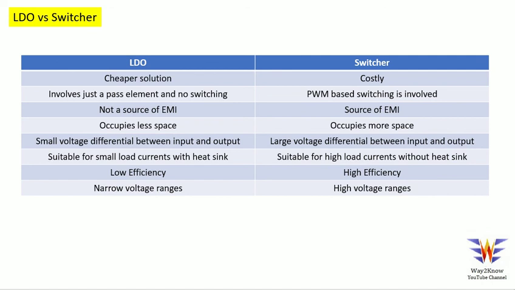Considering all these, we can understand that there is a trade-off between cost, a trade-off between space, and a trade-off on the actual requirement, and considering these trade-offs you come up with a final solution for your boards.